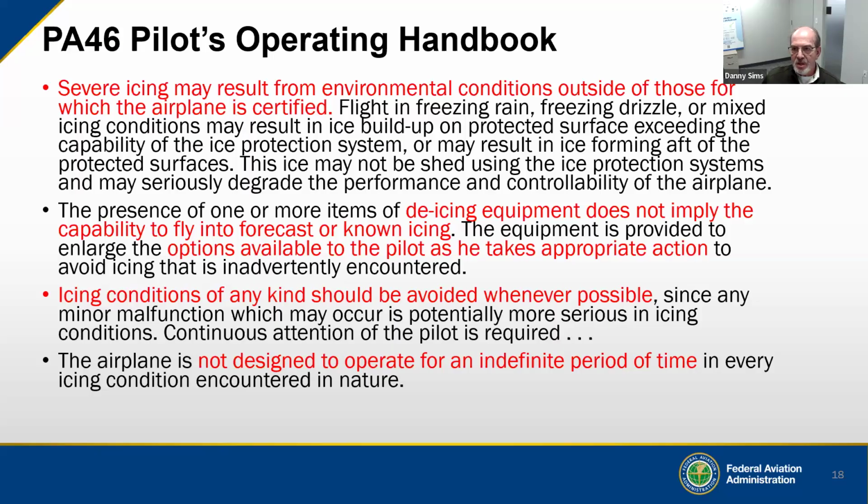Freezing rain, freezing drizzle, what we normally call supercooled large drops, may result in ice buildup on protected surfaces beyond the leading edge of the wing where pneumatic boots may be. These large drops will hit, and they do not freeze immediately on impact, but they can run back on the top of the wing and on the underside of the wing, and then freeze on those areas where the ice protection systems will not be able to shed them.